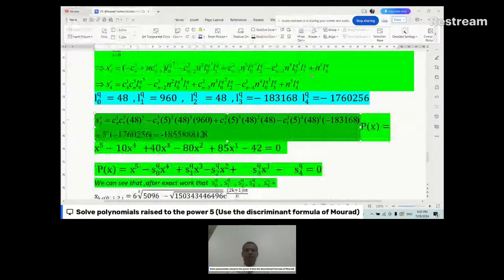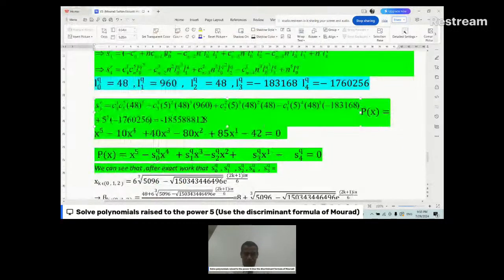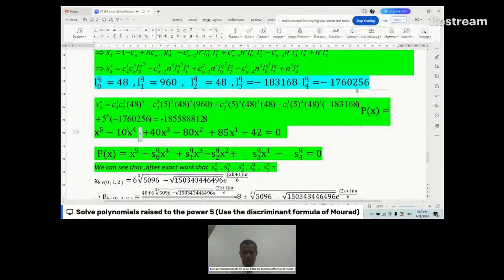Now, learners, I'm going to write my new polynomial. I will copy this again because I need this. This is my original polynomial I'm going to work with. Now I'm going to replace S(k minus 1) with their own values.